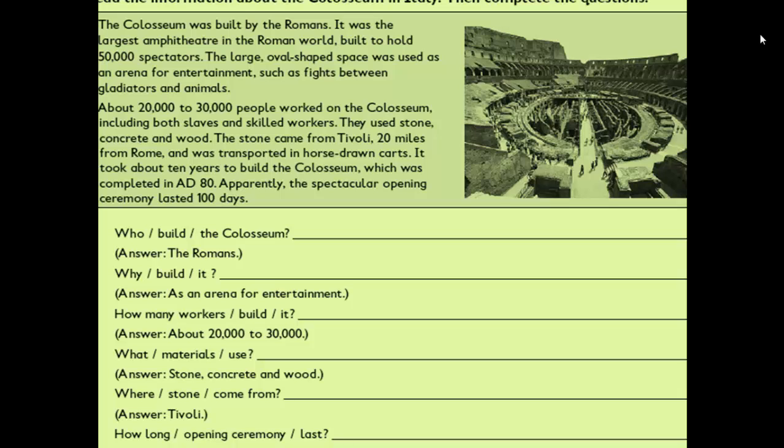The following question: what materials were used? In this case we have to use passive. What materials were used? And the answer is stone, concrete, and wood.